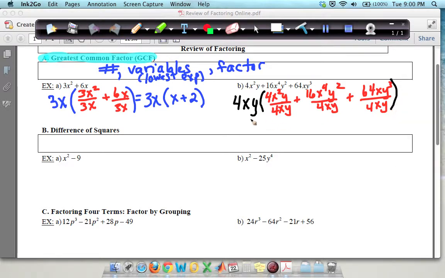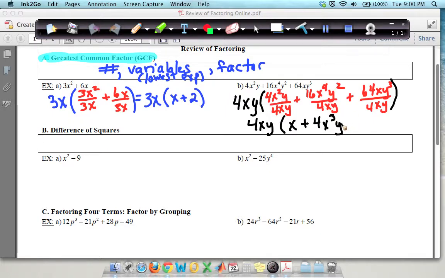Okay, so I have the 4xy times, when I divide this first, the 4's cancel, the y's cancel, and x squared divided by x is x, plus here, 16 divided by 4 is 4, x to the fourth over x is x cubed, y squared over y is y. Because remember, one of these cancels with one of these.